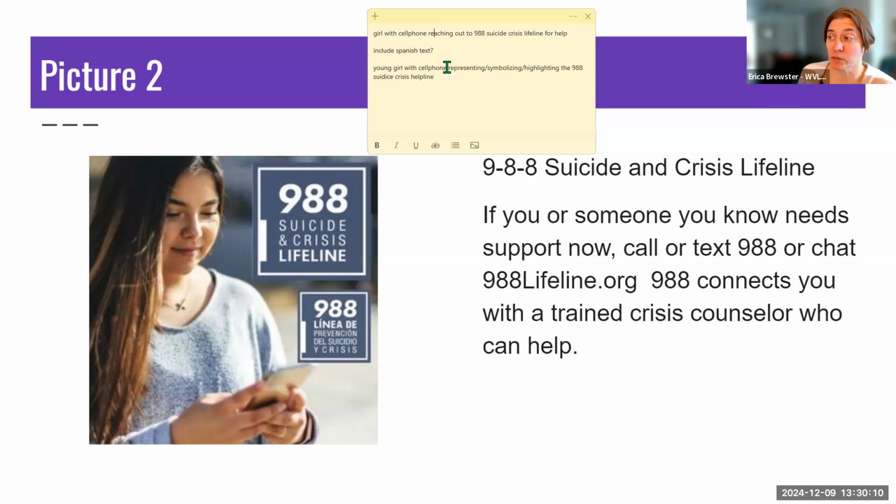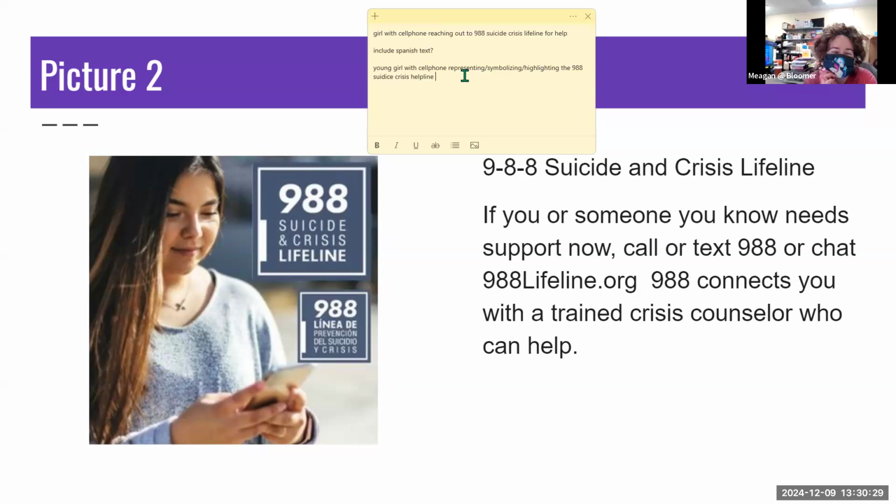With the AI, symbolizing or highlighting gives a little more neutrality to the reaching out part, but adding in that emotion: young girl smiling as she uses a cell phone.